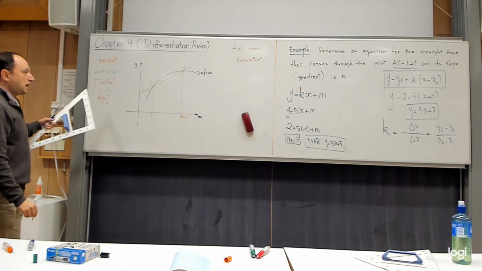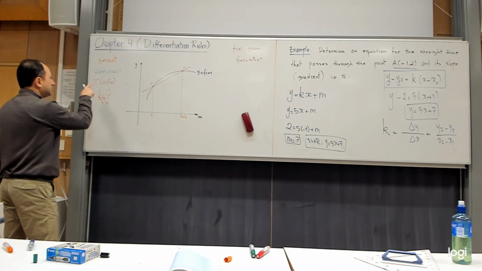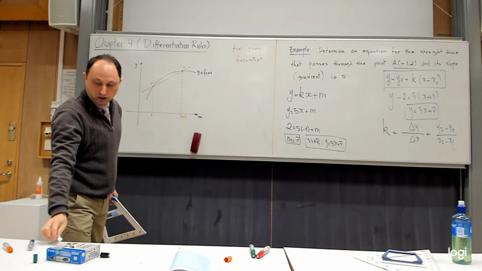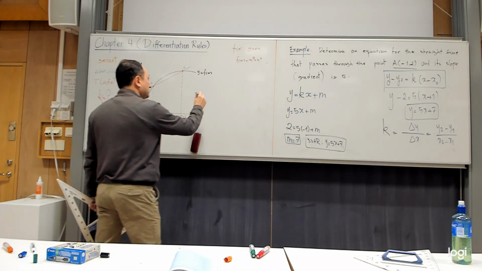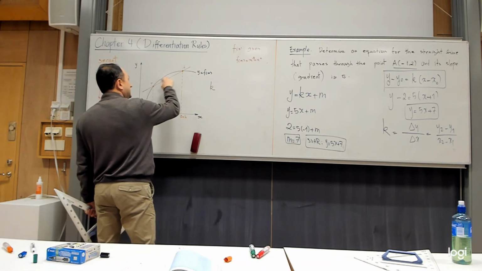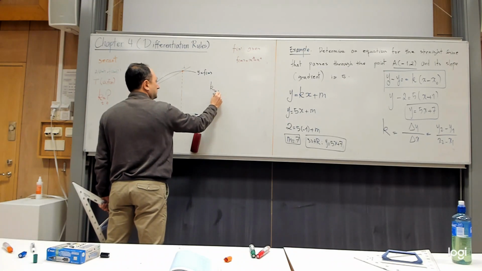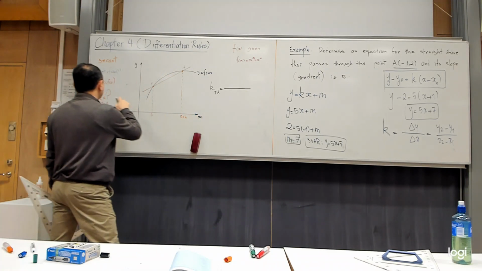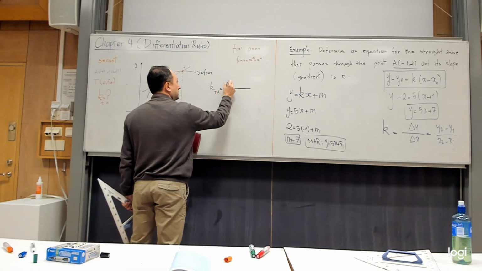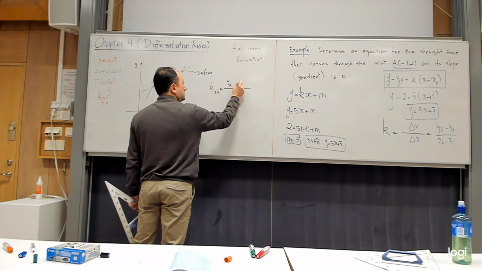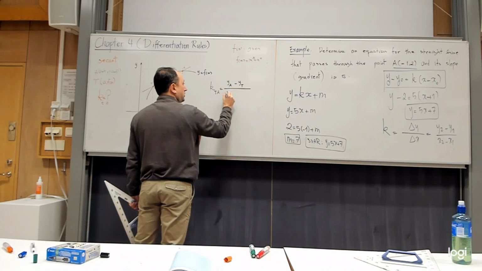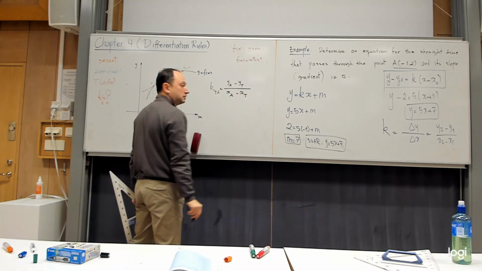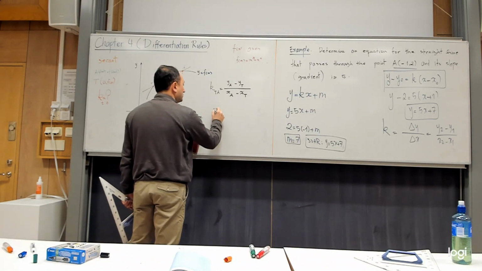Now I want you to calculate the slope of this secant line. So let me write it here. The slope of the secant line TA is equal to the y of the point A minus the y of the point T, divided by the x of the point A minus the x of the point T. And then let us substitute these things.